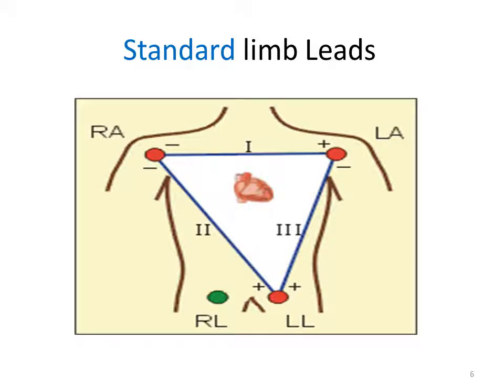When we are recording the electrical activity between right arm and left arm, we get lead 1. Between right arm and left leg, between negative and positive, lead 2. And between left arm and left leg, between negative and positive, lead 3.